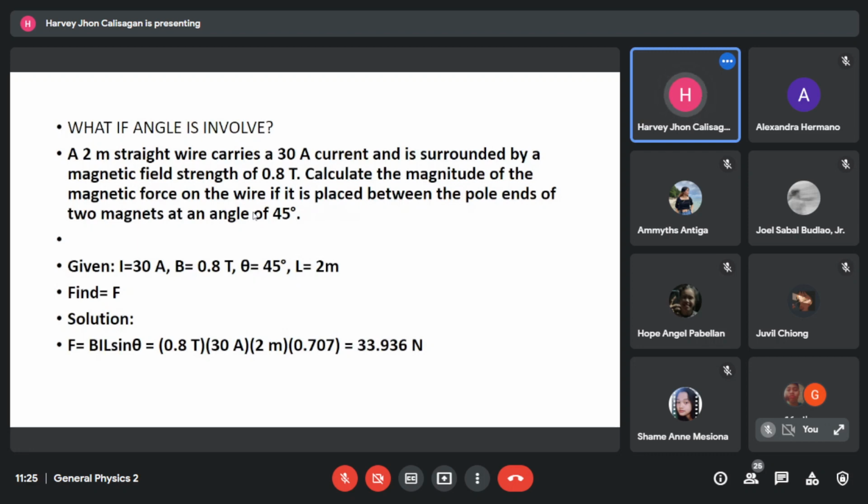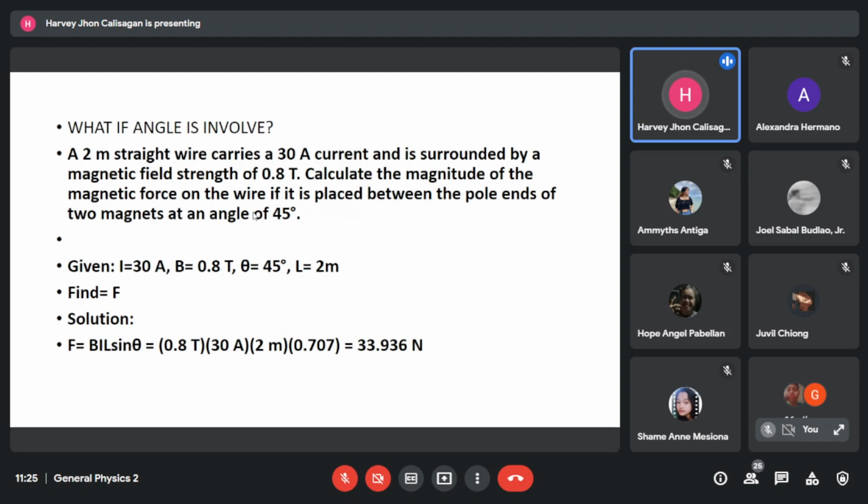So we have 33.936 Newton, or 33.94 Newton in force. Okay, so that is the force influencing in the diagonal direction of the magnetic field strength and the current.